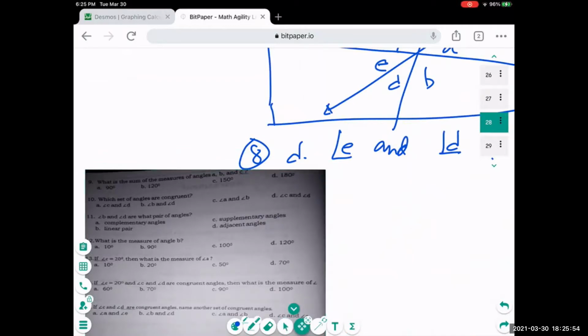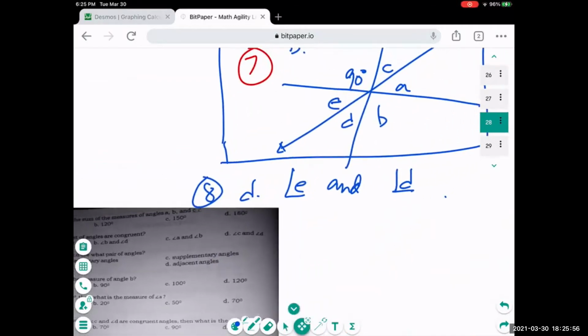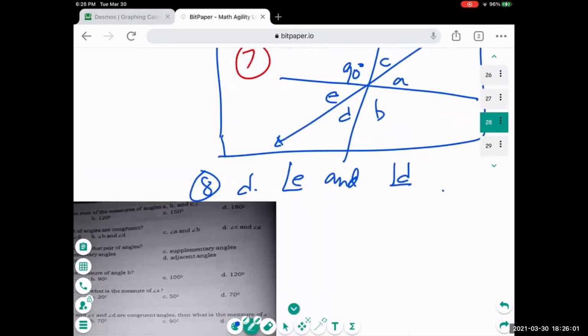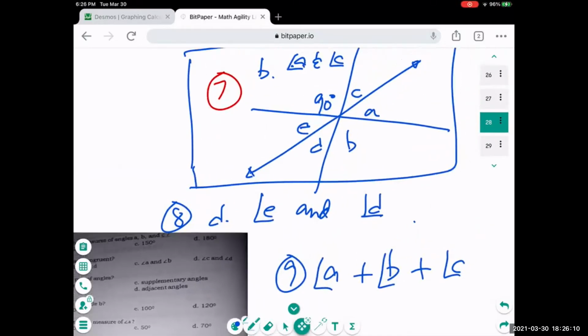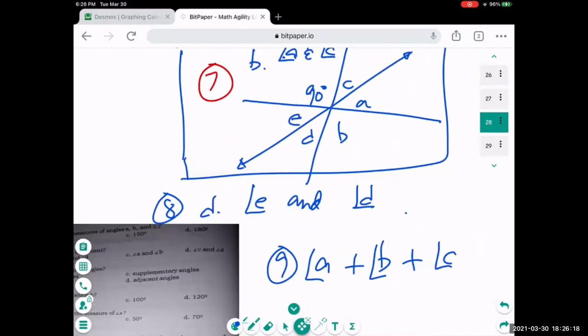If you look at A, B, and C, this is 180, right? So angle A plus angle B plus angle C is actually half of the quadrants, quadrants 1 and 4, I mean. So this is a total of 180 degrees. So this is letter D, right? So let's go to number 10.